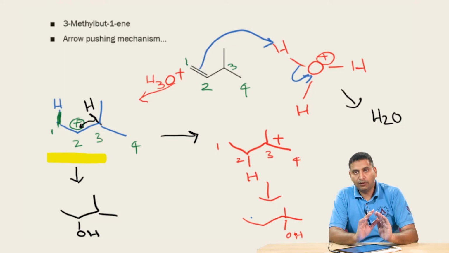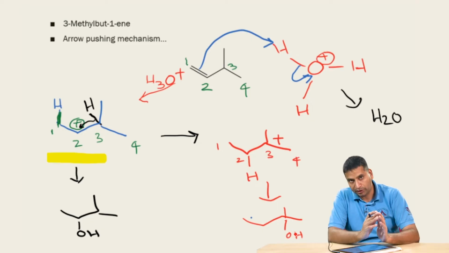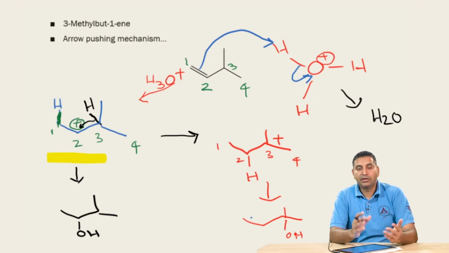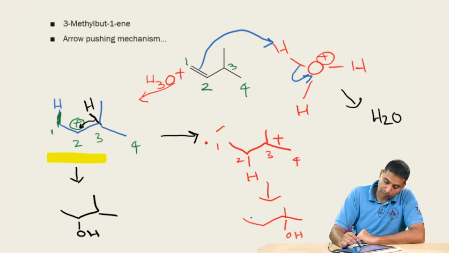Now, if I have to judge which one would be the major product, one could assume that the first step, which is the hydration step, would actually be a reversible step, because the elimination of the carbocation can again give you back the olefin, or it could give you a different olefin, that is a double bond between carbon 2 and carbon 3, which can again pick up a proton and generate eventually this more stable carbocation.